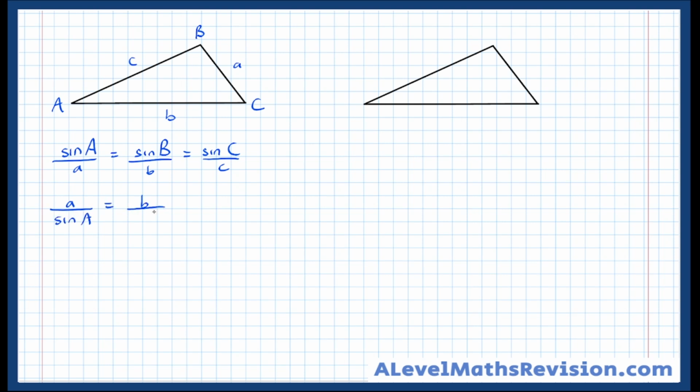So a over sine A equals b over sine B equals c over sine C. The cosine rule is a squared equals b squared plus c squared, which you might recognise as being Pythagoras, minus 2bc cos A, where A, capital A, is the angle given, side a is the side opposite, and little b and c are the other two sides, and it doesn't matter which, we can swap those round if we so wish. So let's do a couple of examples now that put this into practice.